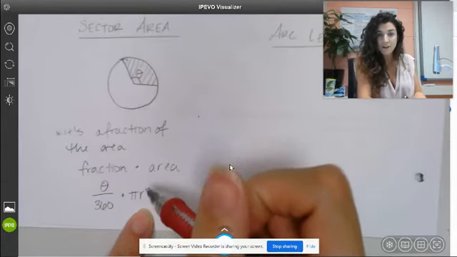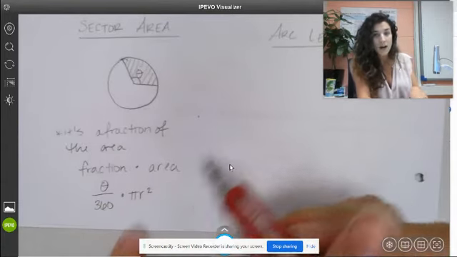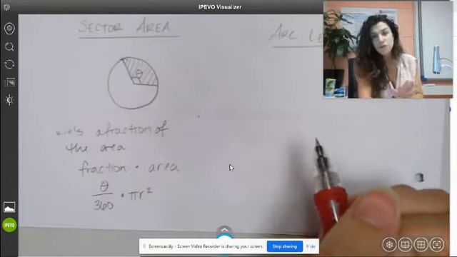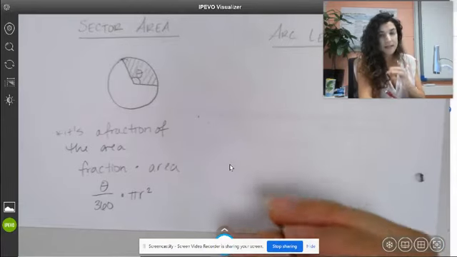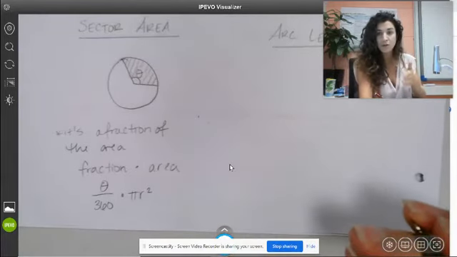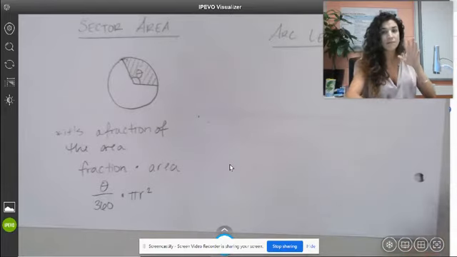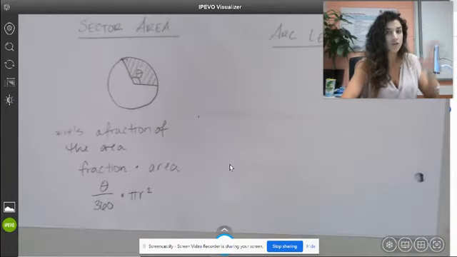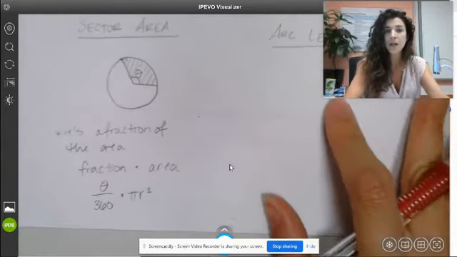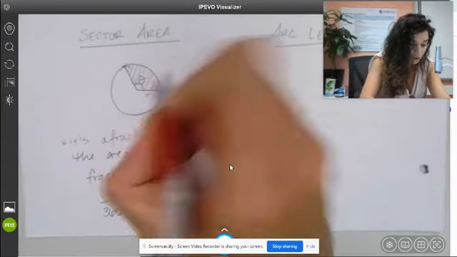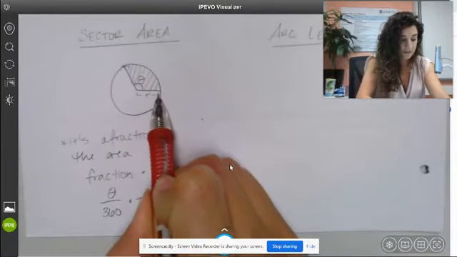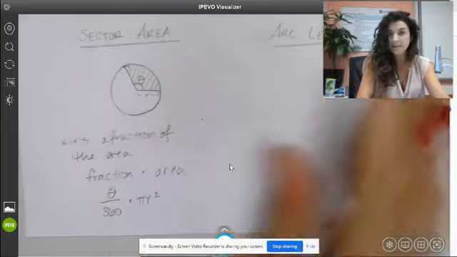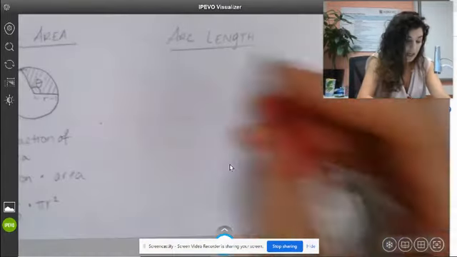I know quite a few of you probably feel stressed out about which one's pi r squared and which one's 2 pi r. Use your formula packet and just know for sure, because that's easy points available to you. So if it's there, just use it. That should be out next to you all the time. Oh, r is your radius, so that's this length, which is the same as this length right here.